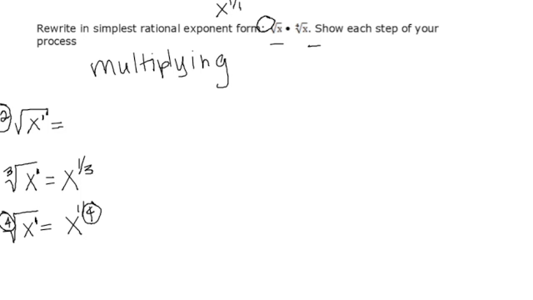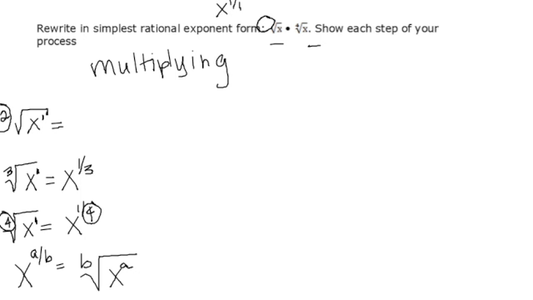That's that rule that I just showed you on the other page. X to the a over b is equal to the b root of x to the a. Okay. So in this example, I'm not going to use this example because this is the problem, I'm going to use a slightly different example.